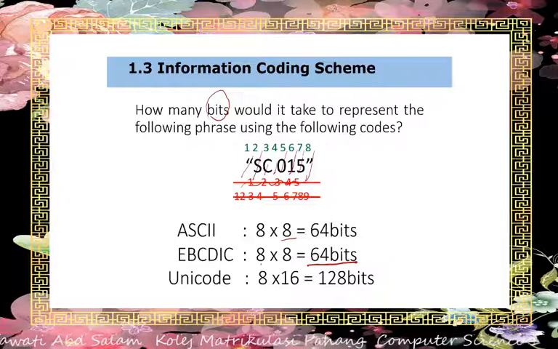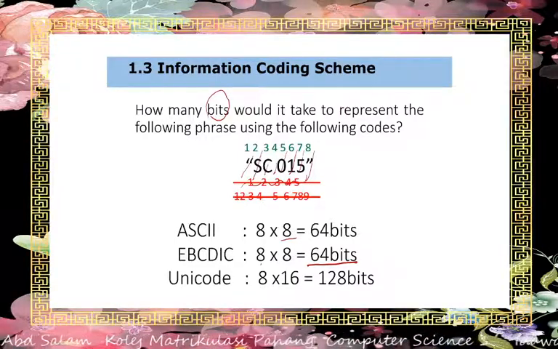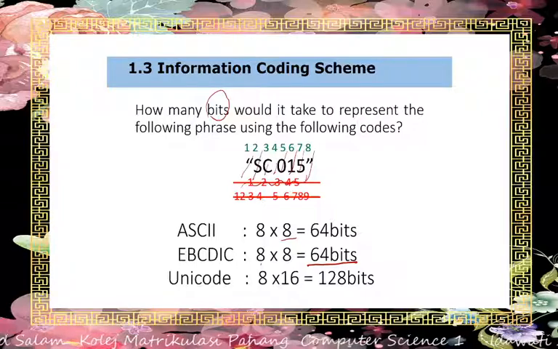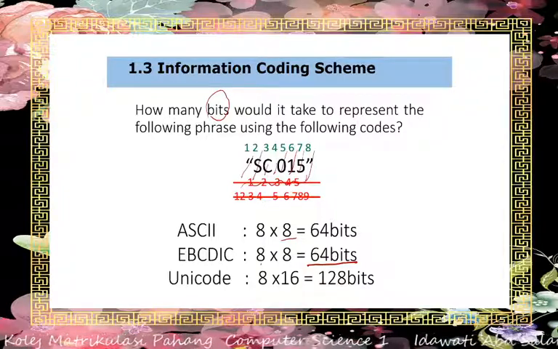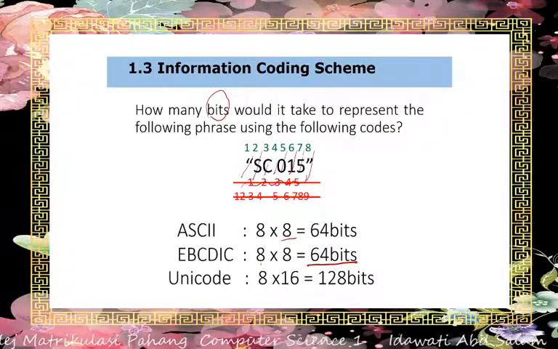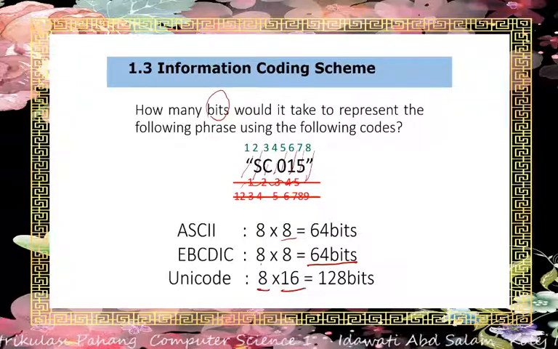So we will have 64 bits. And the last one, for Unicode, we will have 128 bits altogether, when we multiply 8 characters with 16 bits.